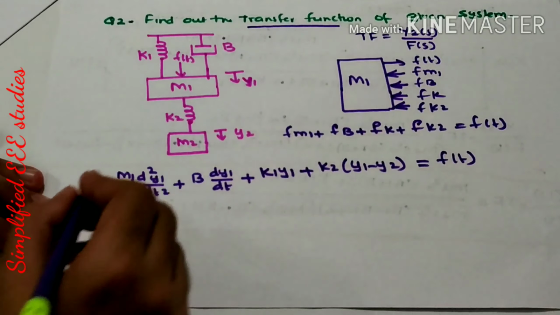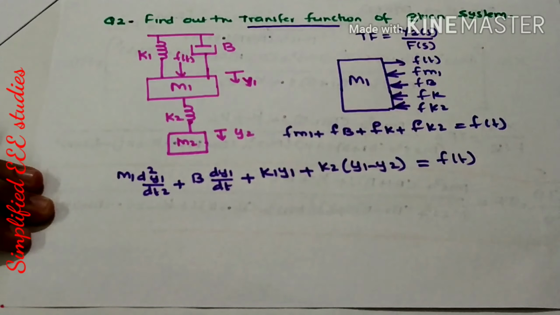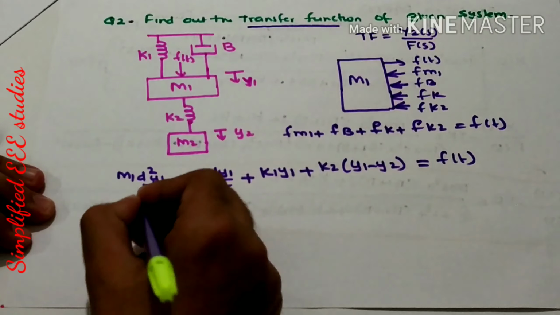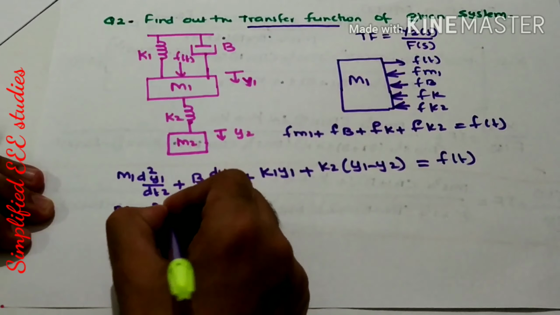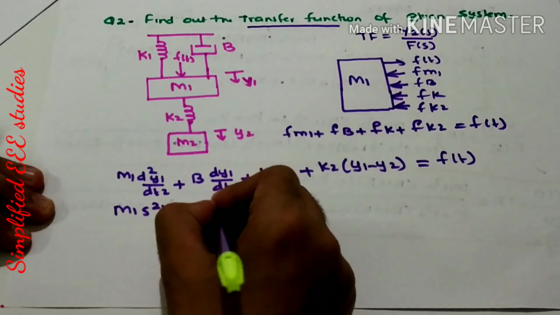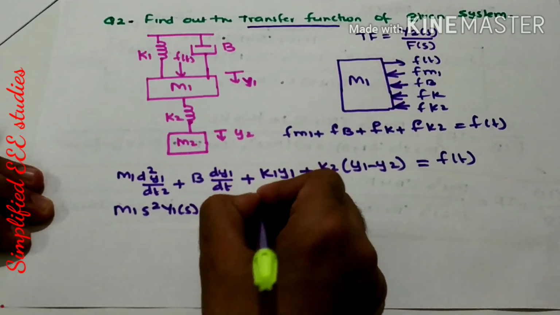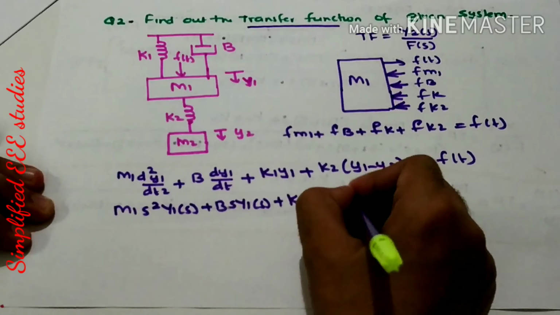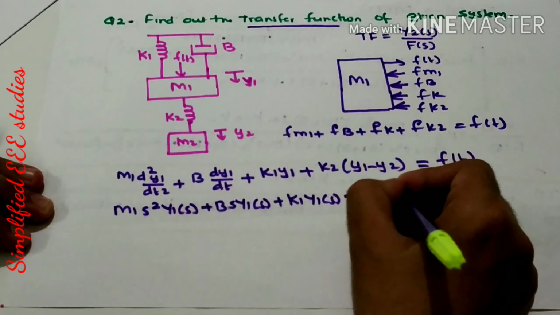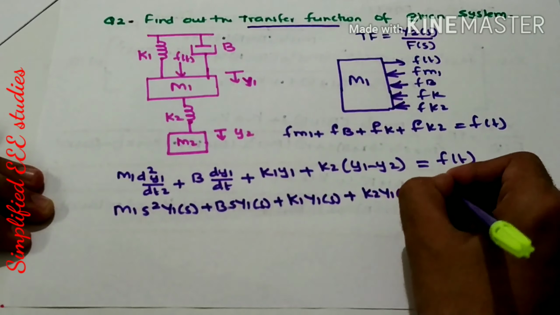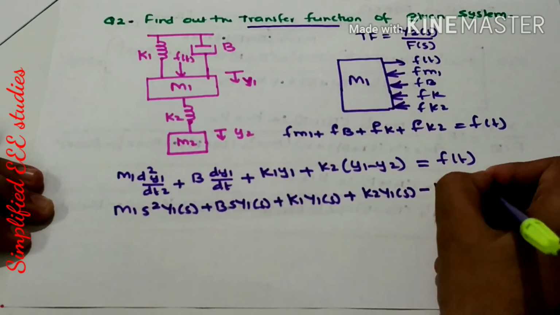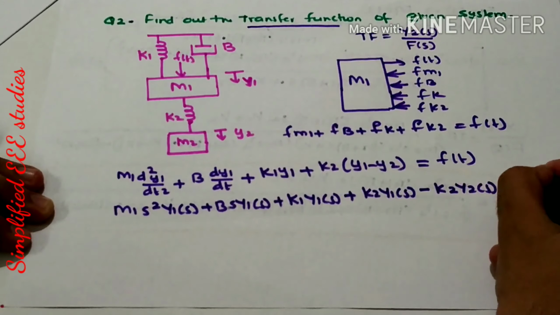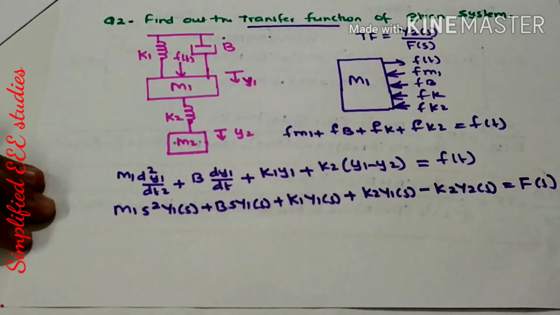Now you can take the Laplace transform on the LHS and RHS: m1 s² Y1(s) + bs Y1(s) + k1 Y1(s) + k2 Y1(s) − k2 Y2(s) = F(s). Hope it is clear.